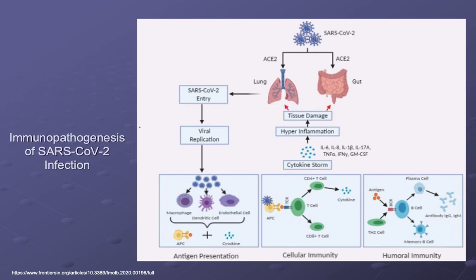One of the components of the immunopathogenesis of SARS-CoV-2 that has been very well discussed is cytokine storm.